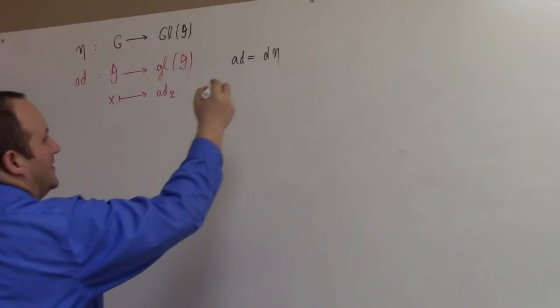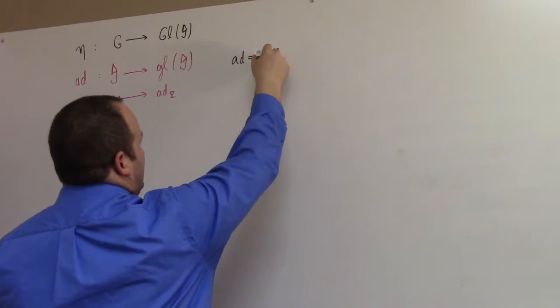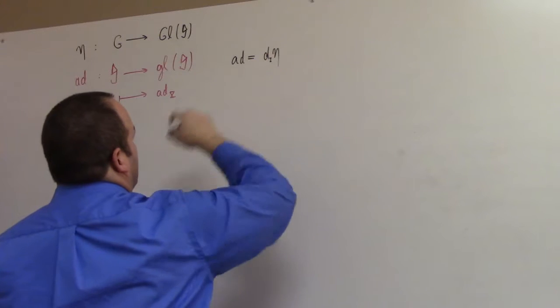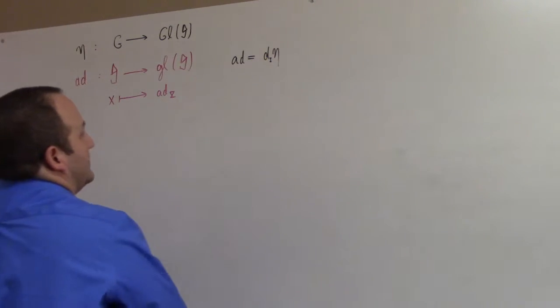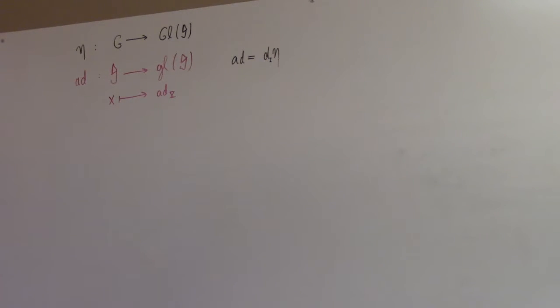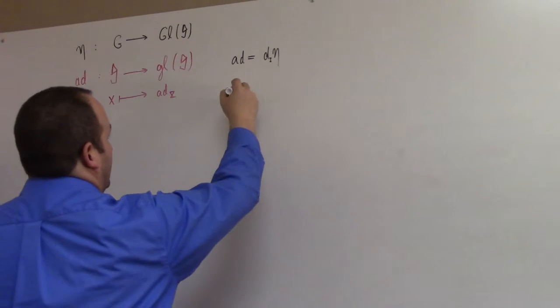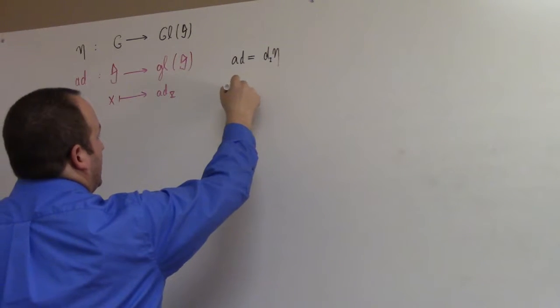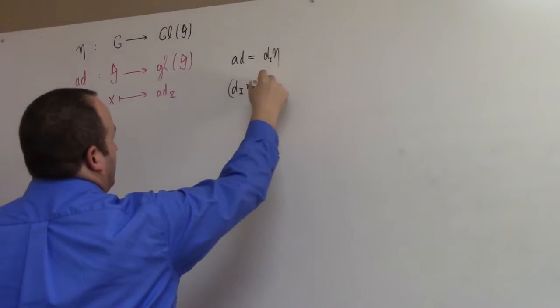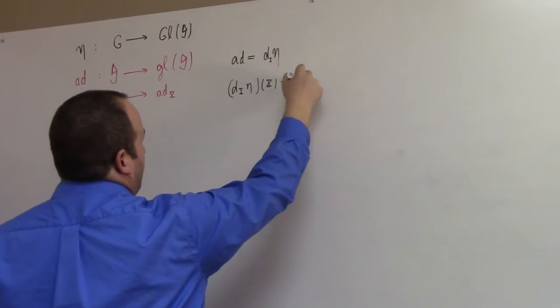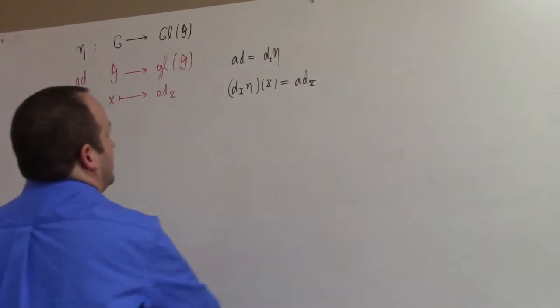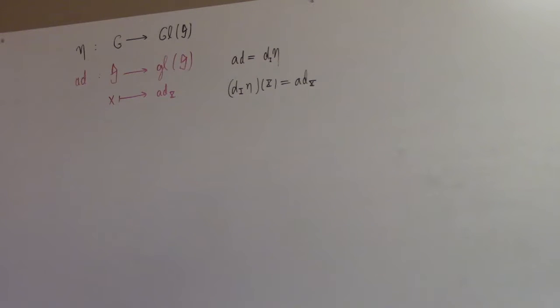So this would be like the differential at the identity, I think. It would be ad. To be more pedantic, d eta of x should be equal to ad x, if I'm thinking correctly here.